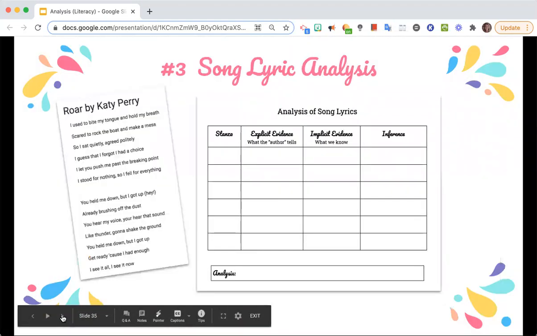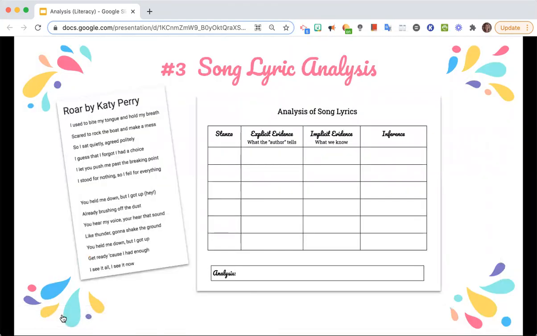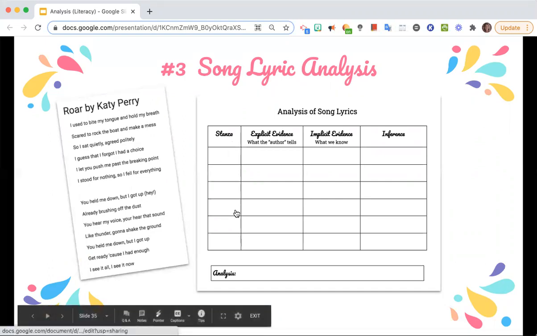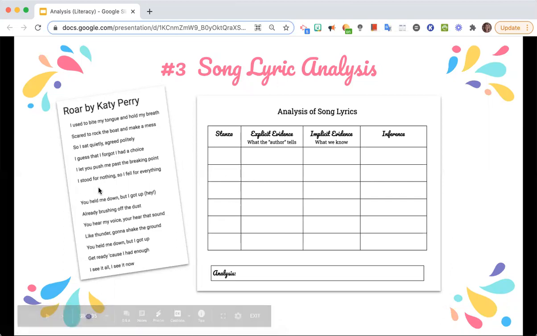Another example, and kids will love this one, is a song lyric analysis. This particular song, Roar by Katy Perry, lends itself so beautifully to this activity because, and I have this organizer here, students would just write down this stanza.